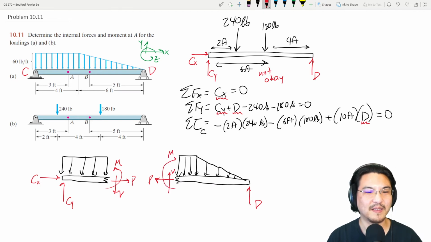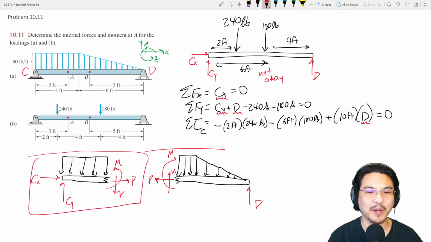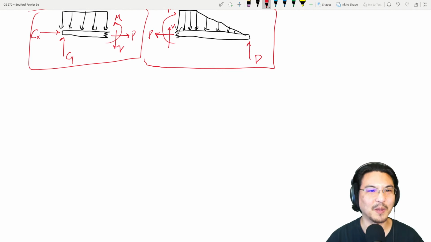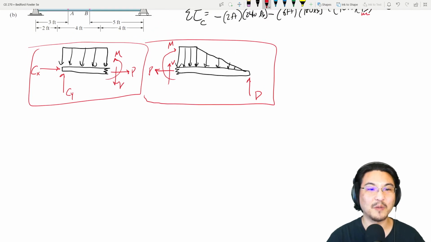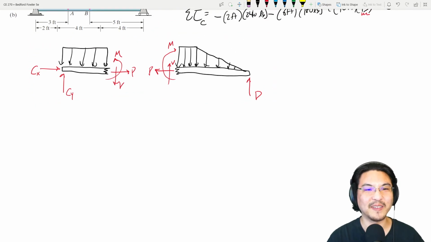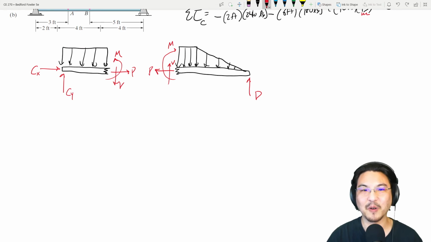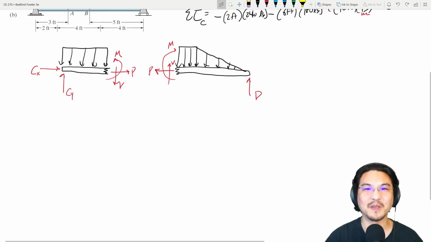Okay, now that we have these free body diagrams, we can continue to solve for the three unknowns: axial force, shear, bending moment. So up to you which section you want to analyze. I feel like maybe this one looks a little bit simpler. So either way, there's no wrong choice. So I'm just going to move this off to the side.